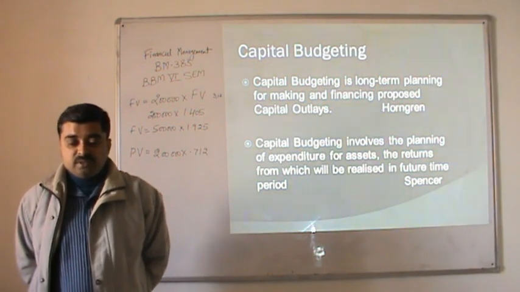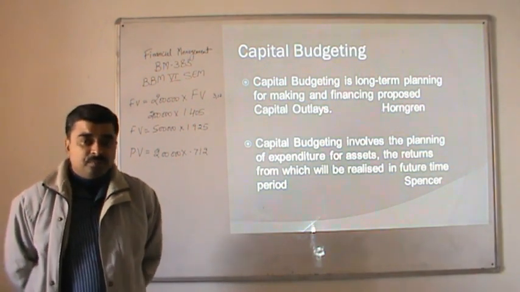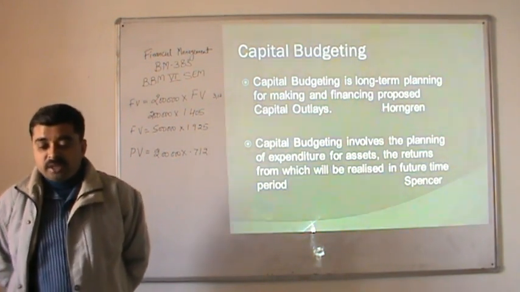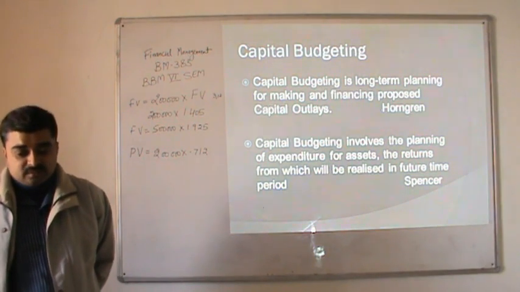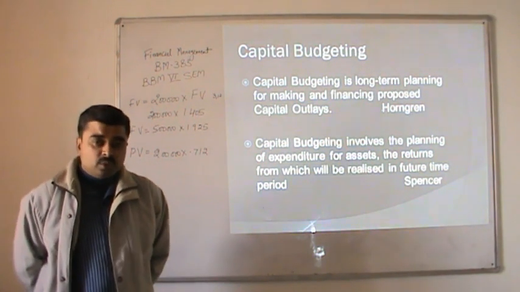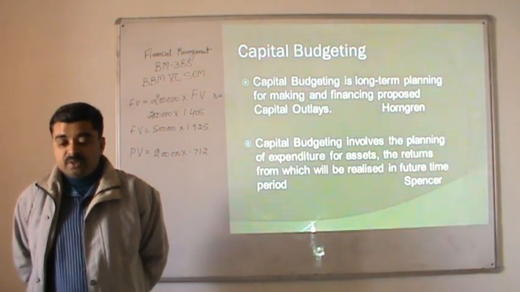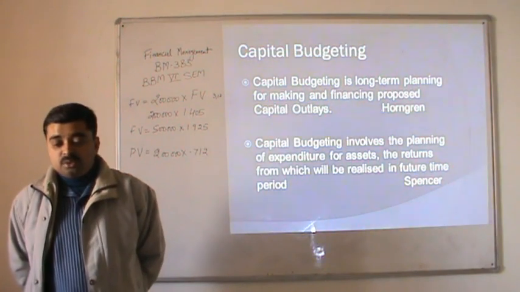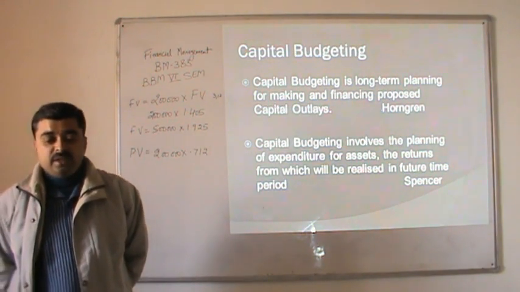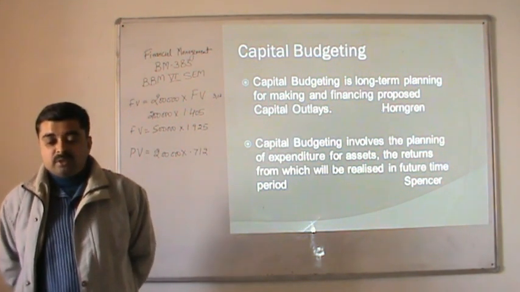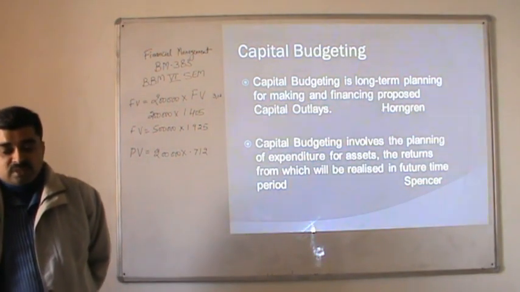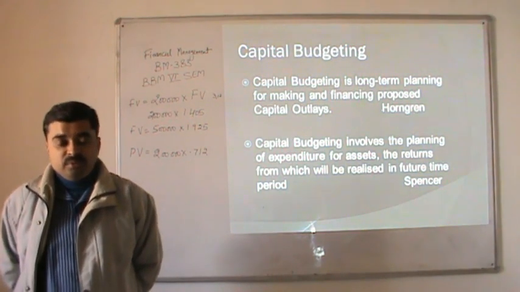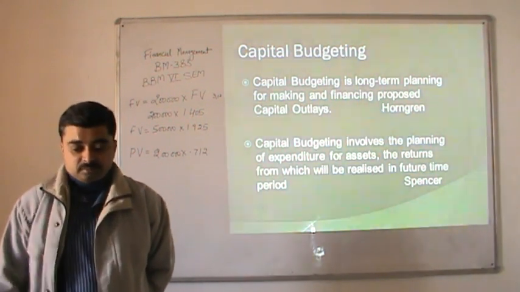Spencer has given the definition which says that it involves the investment or the planning for the expenditure of assets and including the return of which will be realized in the future time period. So Spencer has added that we will plan for the expenditure for assets and we will analyze the result in the form of the returns which we will get.